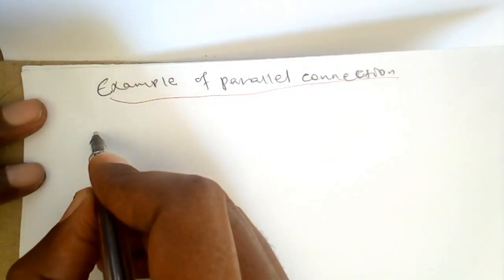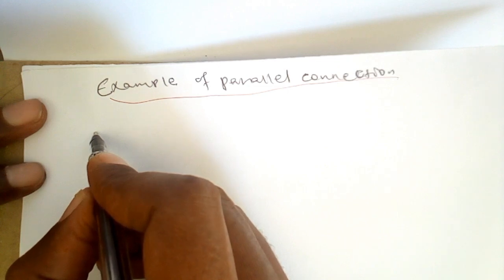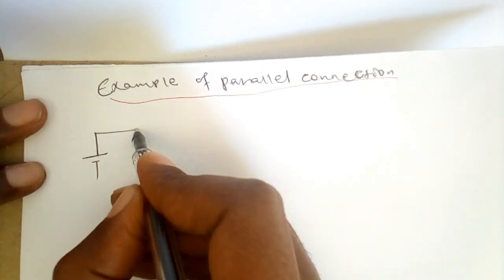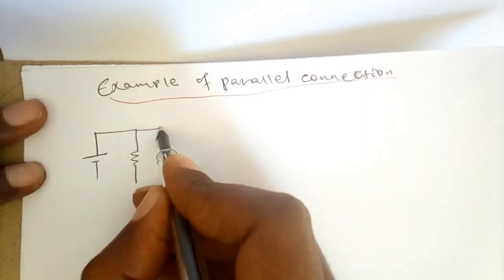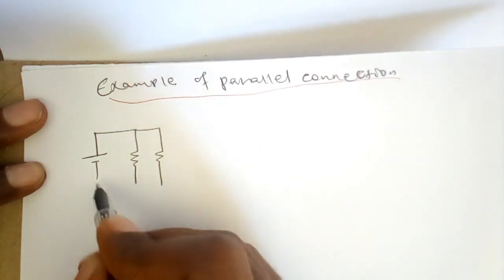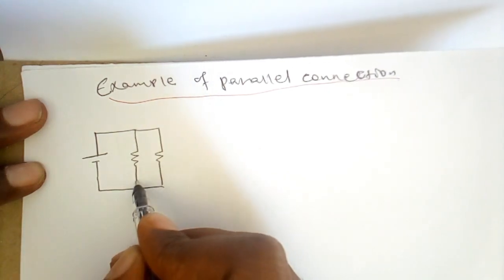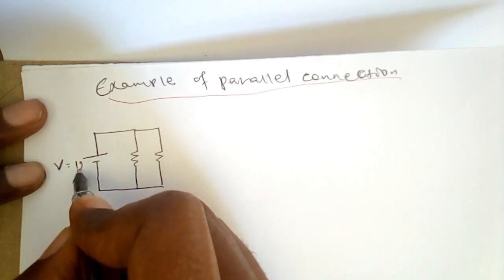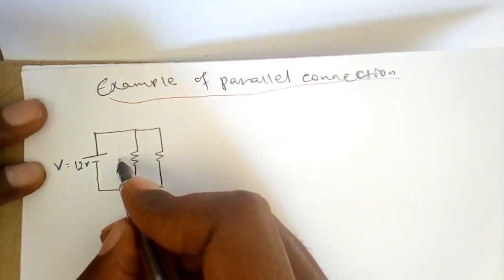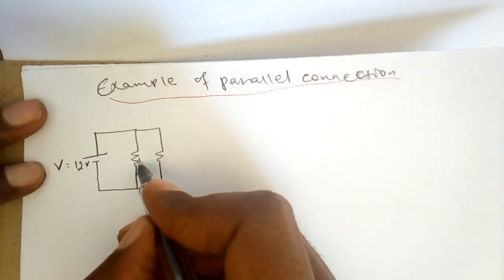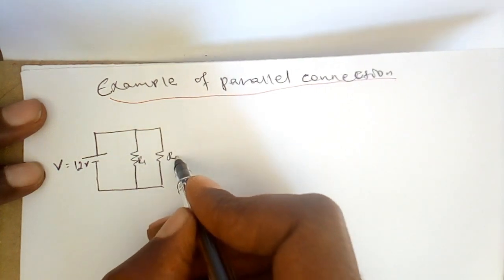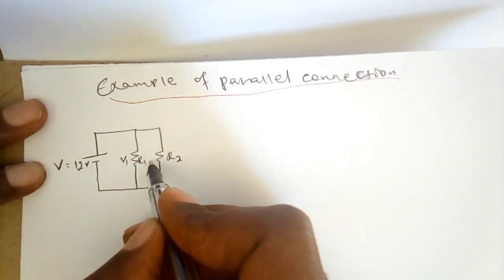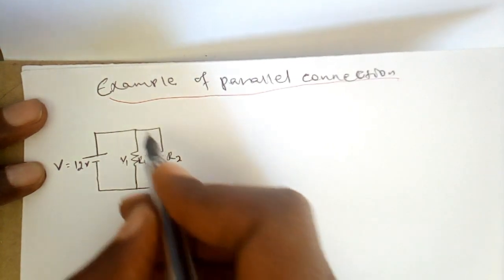But let's explain by taking an example. So this is a parallel connection. Let the voltage be 12 volts, and resistance 1 and resistance 2 are taken as loads.